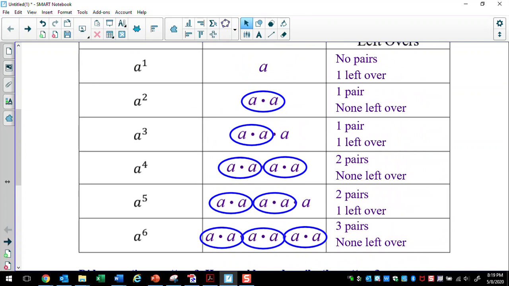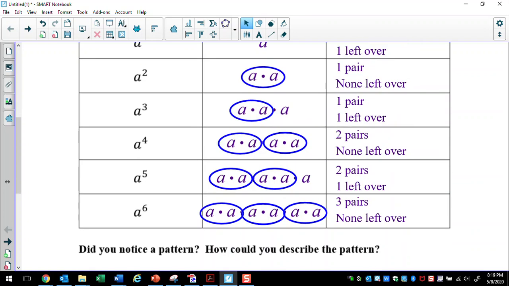Another pattern I notice is that I can divide that number by 2. So 2 divided by 2 is 1. It told me how many pairs I had. 2 can go into 3 only one time. 2 can go into 4 2 times. 2 can go into 5 2 times, and then one left over. 2 can go into 6 3 times.